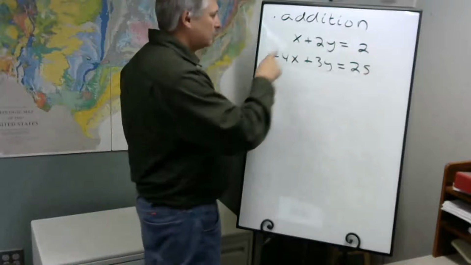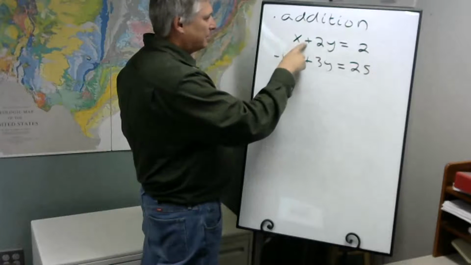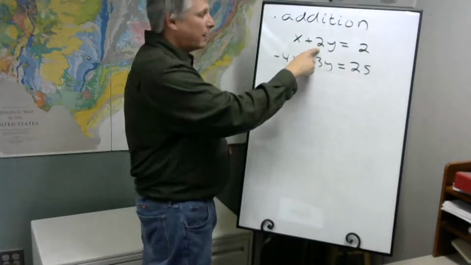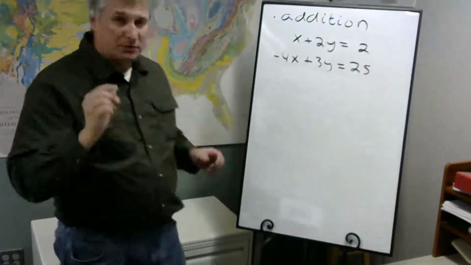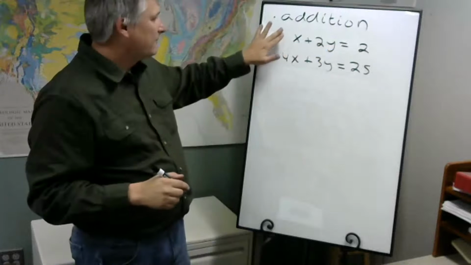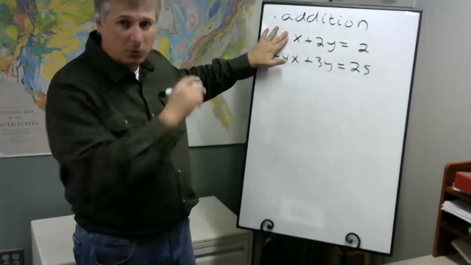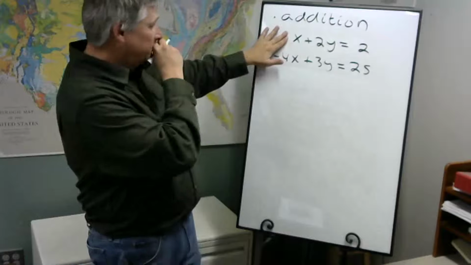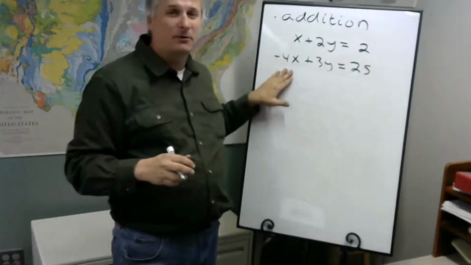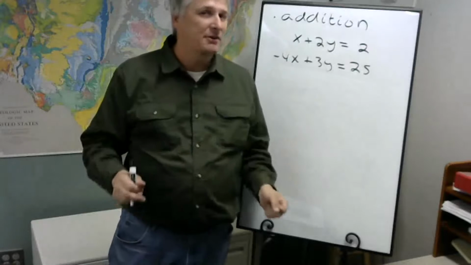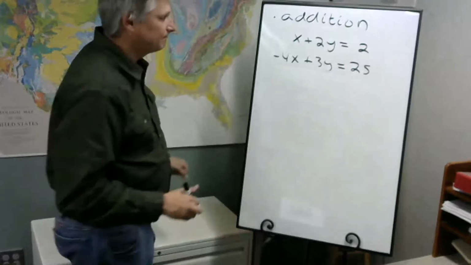If we do that, you'll get 4x plus 2 times 4 is 8y equals 2 times 4 is 8. What's going to be important is that we'll have 4x here if we multiply everything by 4. And 4x, if we add it to negative 4x, is going to cause the x variables to cancel.